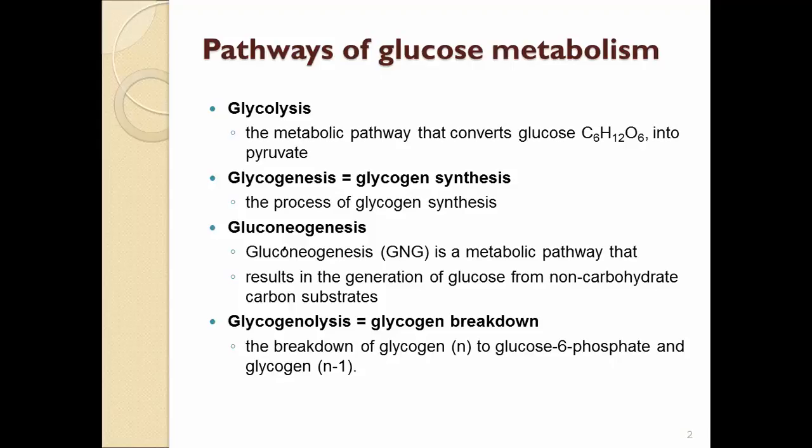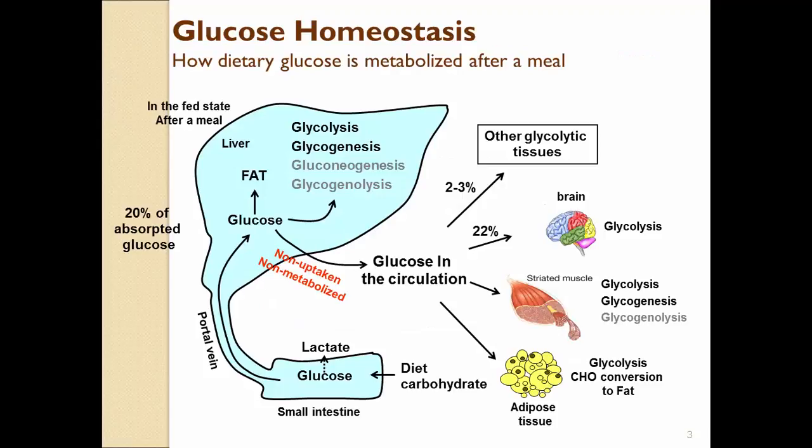I will not say the most important, but the important pathways you probably want to know are glycolysis, gluconeogenesis, and glycogen metabolism. The pentose phosphate pathway is relatively simple, so I would suggest focusing more on these 4 main metabolic pathways.